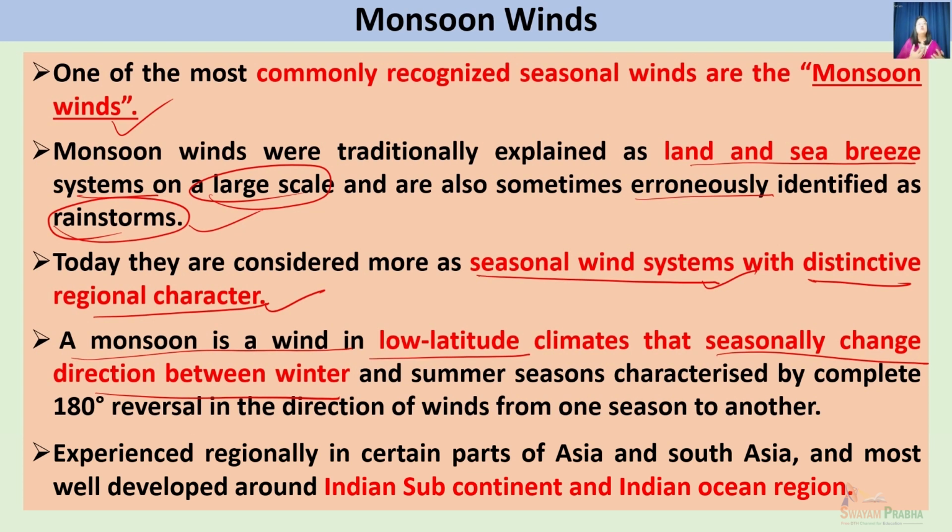With the approach of summer season, the monsoon winds also change their characteristics, change their direction. So we'll be discussing monsoon in detail in the coming videos, but here you have to understand that they are recognized today as seasonal winds. So let's see what happens during the winter season and how they change their direction during the summer season.